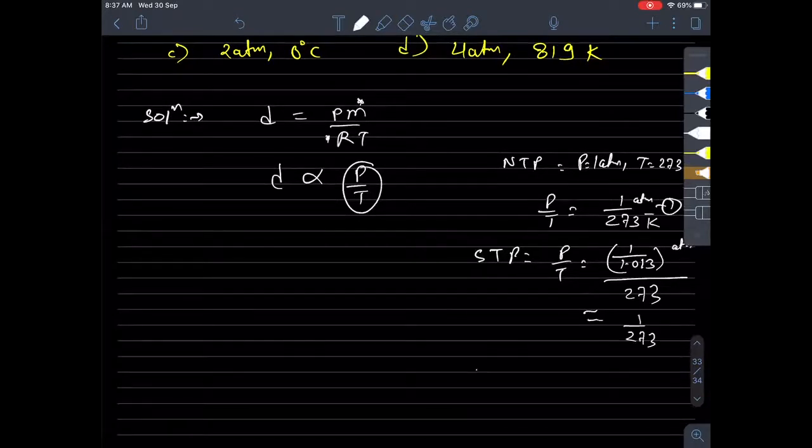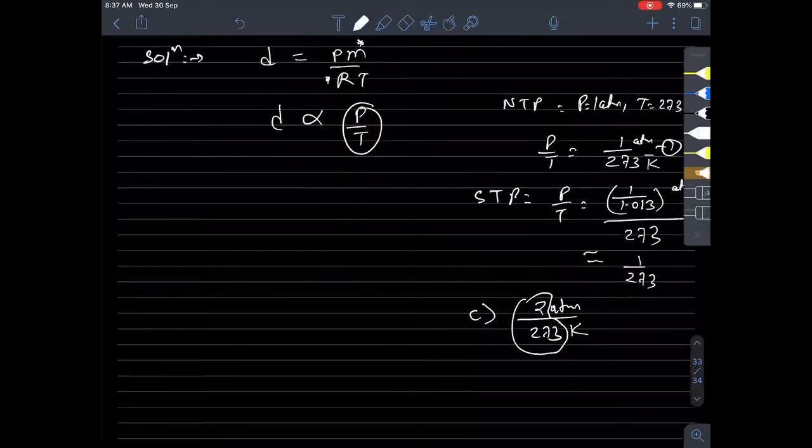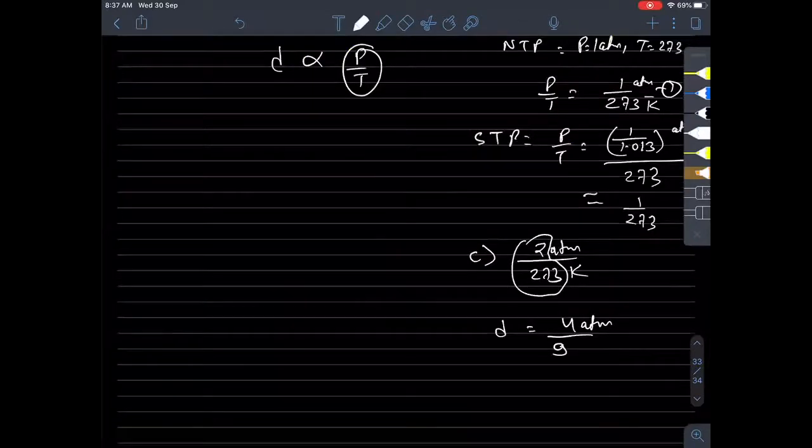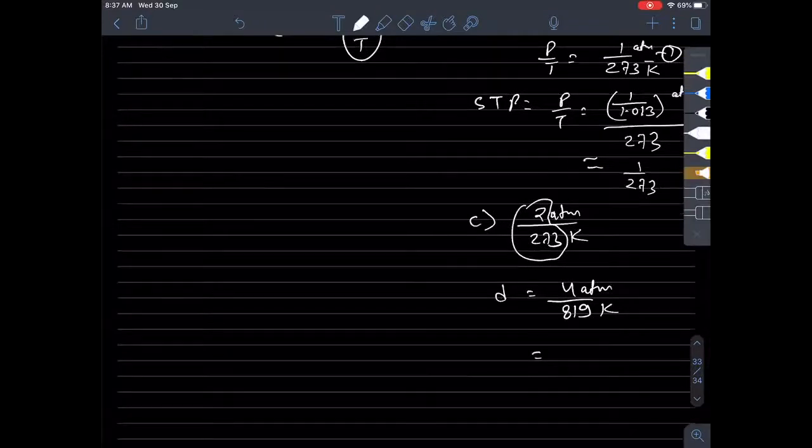A third condition, C, is 2 atm divided by 273. So this appears to be larger than that, and similarly for D you can compare. That is 4 atm divided by 819 Kelvin, and if you simplify this, it will be 2 divided by, right, how much?